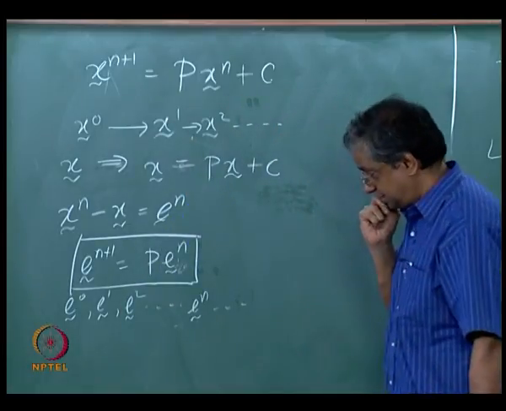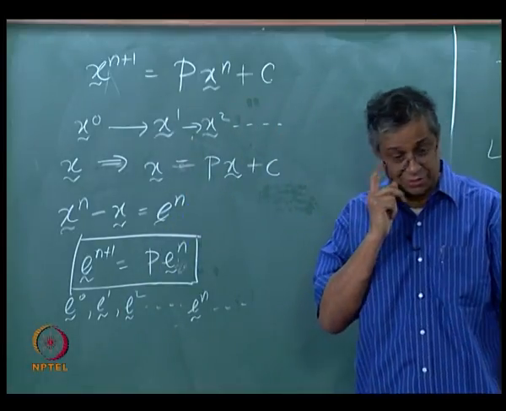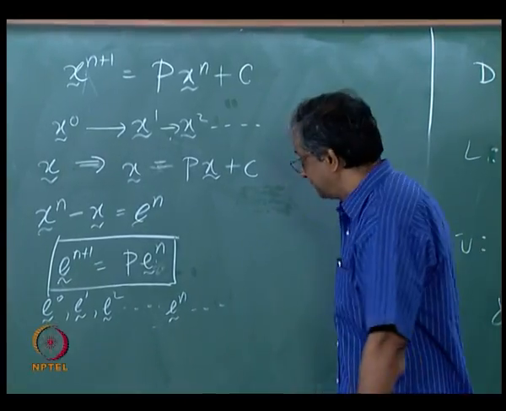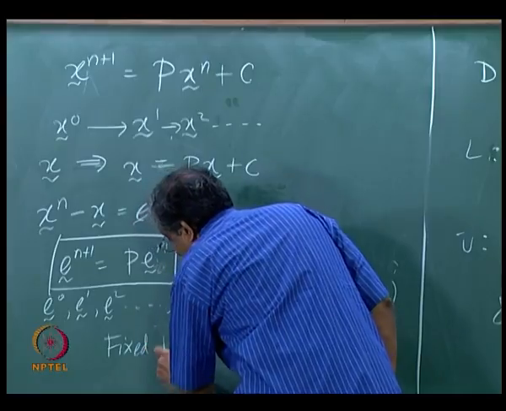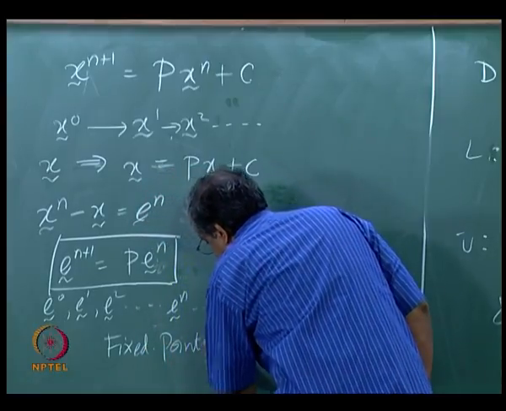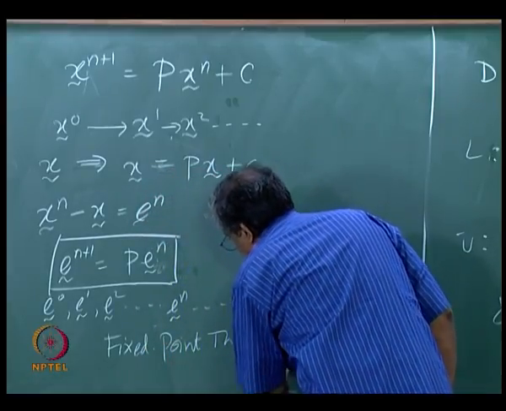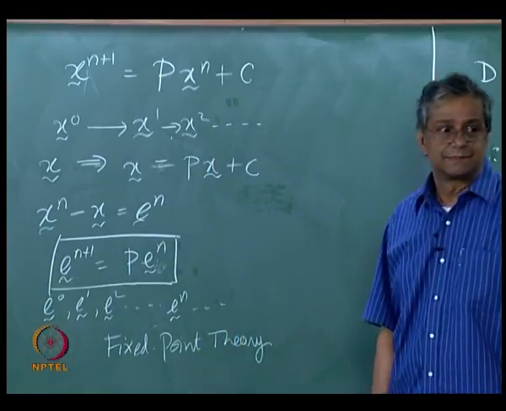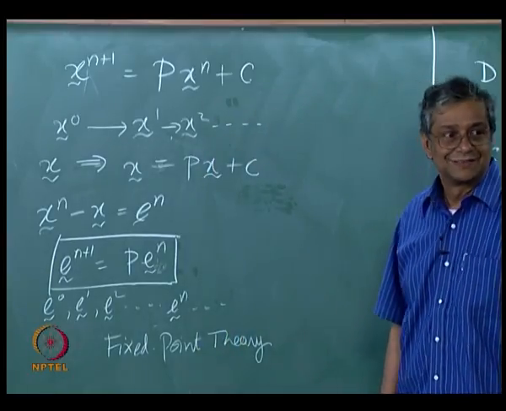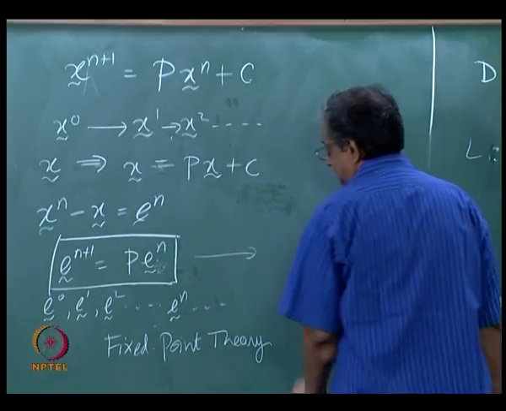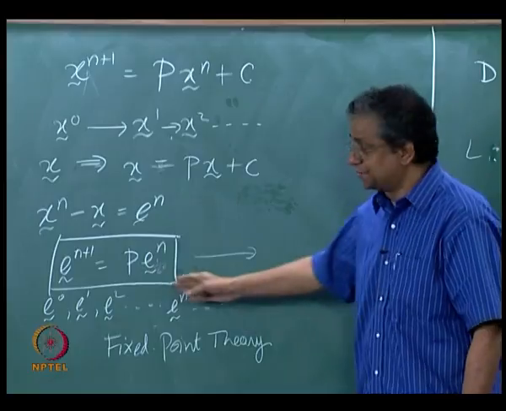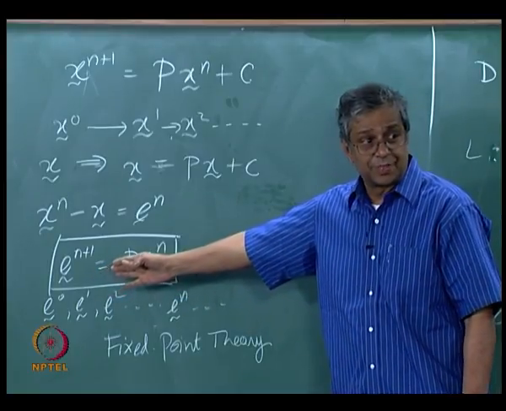I am not actually going to do fixed point theory, but I am going to talk about fixed points. So in general, an equation of this form, what is a fixed point?